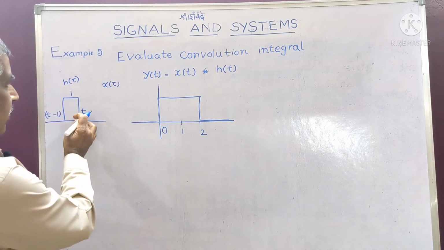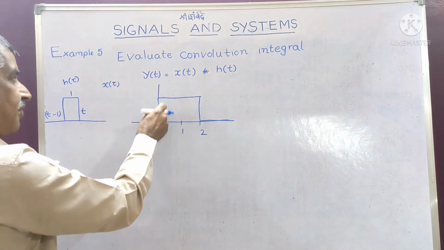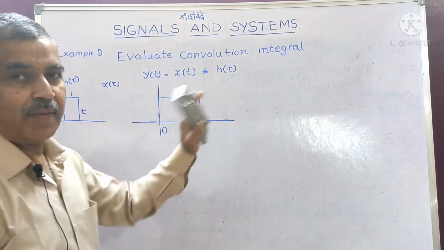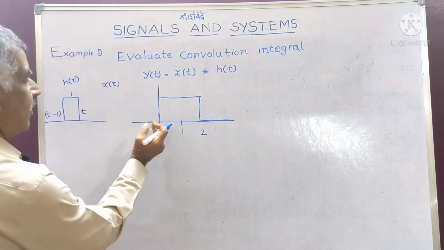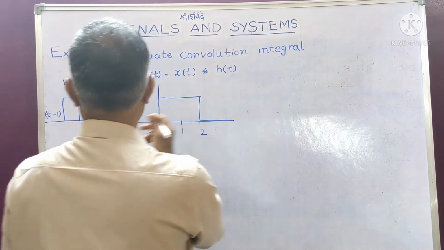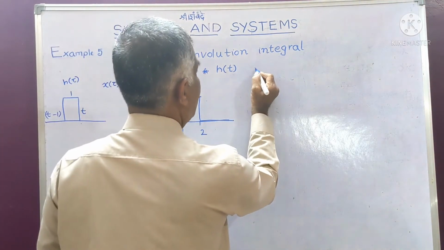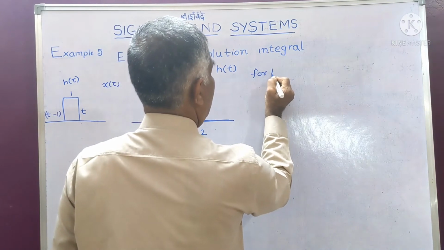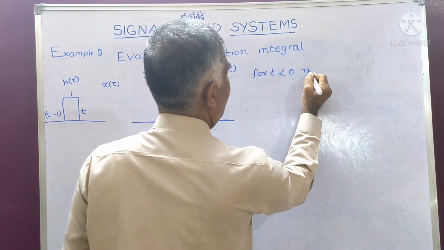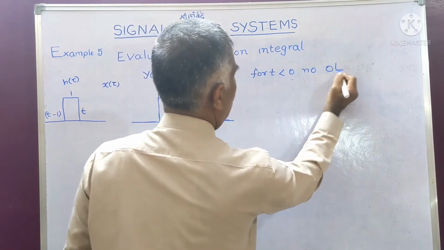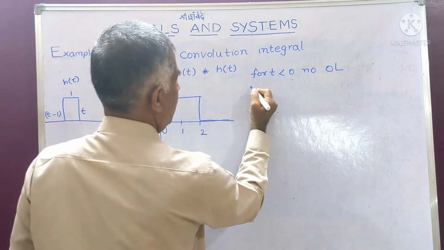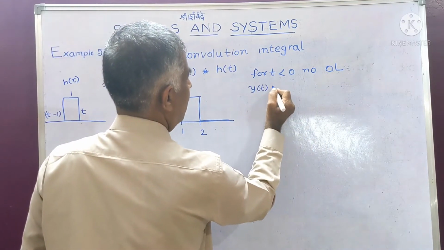So t has to touch this to start overlapping. So overlapping will not be there for t less than 0. So this is t less than 0. So for t less than 0, no overlapping. Therefore y of t equals 0.